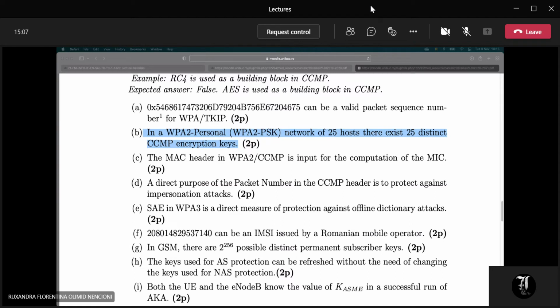Now, it is false, but that was kind of a tricky question because, how was the key computed? In WPA2 personal, the one for encryption. If you remember, I will try to bring everything here. The PTK is derived from the PMK.